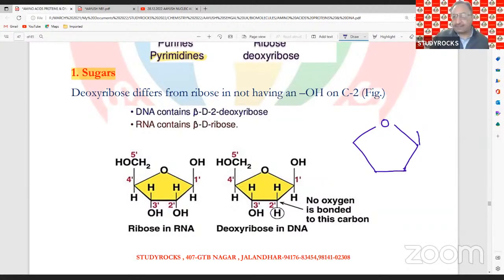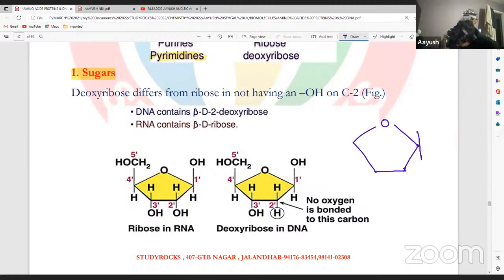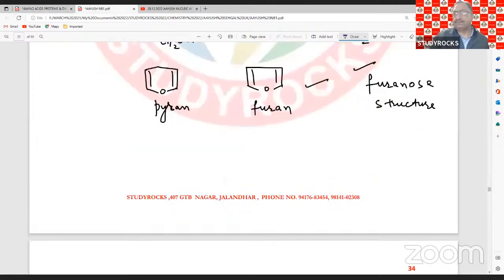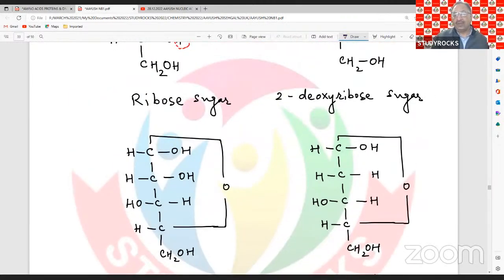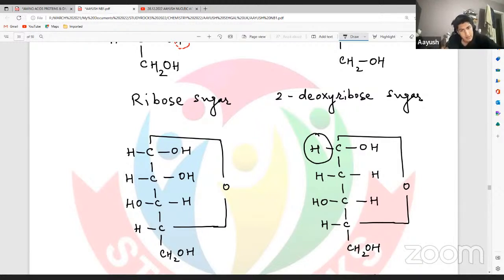Like this. All the atoms on left-hand side above and the right-hand side below. If we write as per the structure we have written, this H is on left-hand side above and OH below. Is it okay?